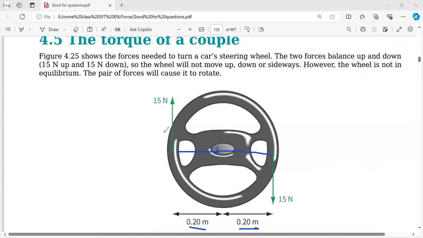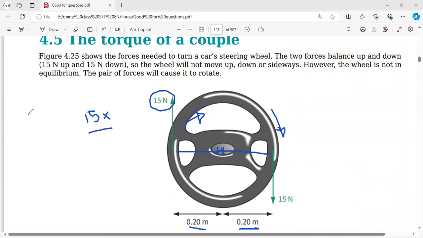In this case, instead of considering this pivot point and this clockwise moment and that clockwise moment, since it is a couple or torque, you can just consider one force, only if it satisfies those three conditions.